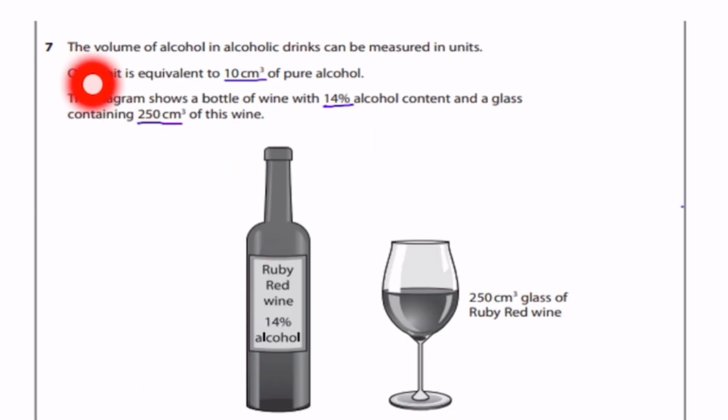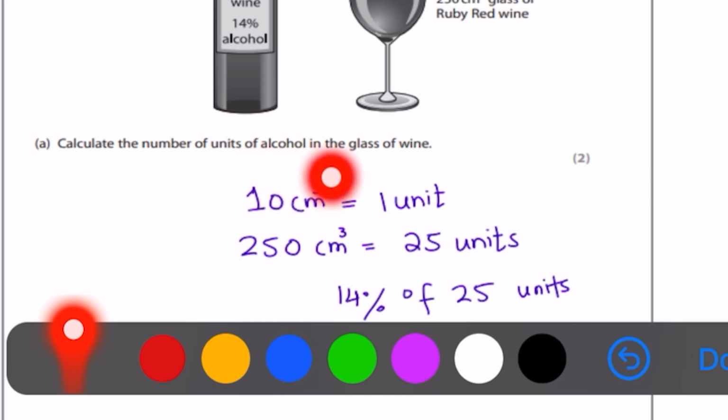Question 7. The volume of alcohol in alcoholic drinks can be measured in units. 1 unit is equivalent to 10 cubic centimeters of pure alcohol. The diagram shows a bottle of wine with 14% alcohol content and a 250 cubic centimeter glass of ruby red wine. Calculate the number of units of alcohol in the glass of wine. They told us that 10 cubic centimeters is 1 unit.